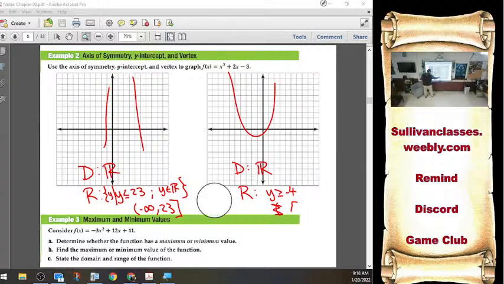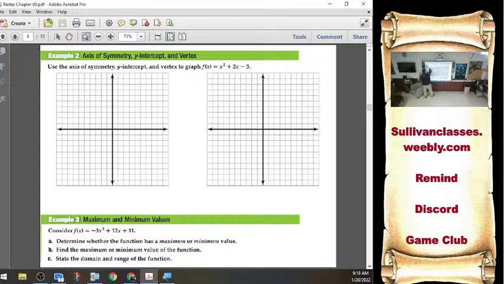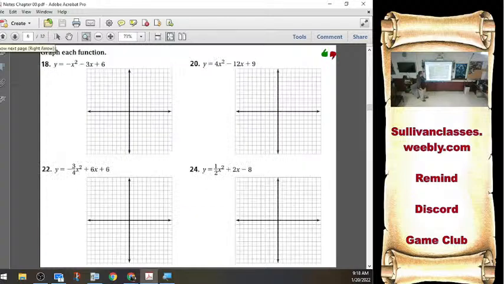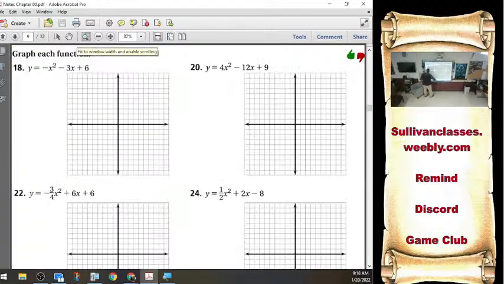How do I graph a quadratic? How do I start to tell you things about the quadratic? I want to start with baby steps. Let's do 18 and 20 at the top.